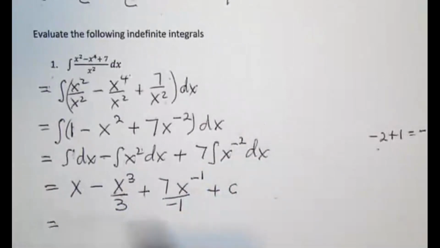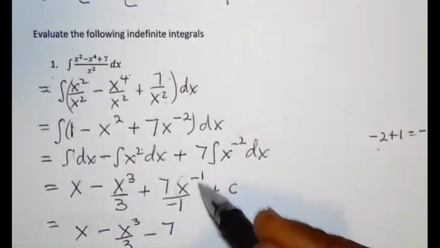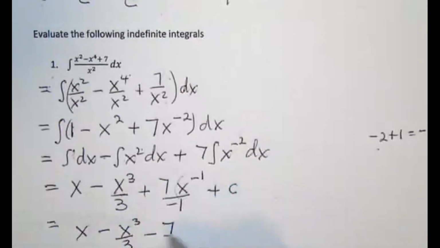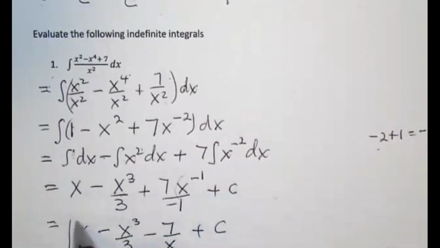If you simplify this, you have x minus x cubed over 3 minus 7, and x to the power negative 1 now becomes 1 over x, so it just becomes 7 over x, plus c. Okay. So this becomes our answer.